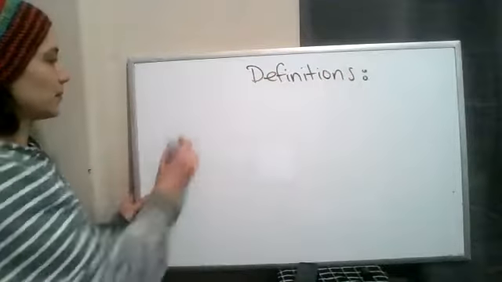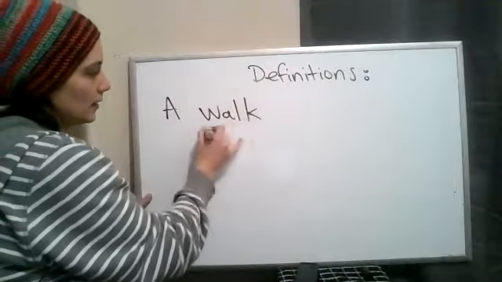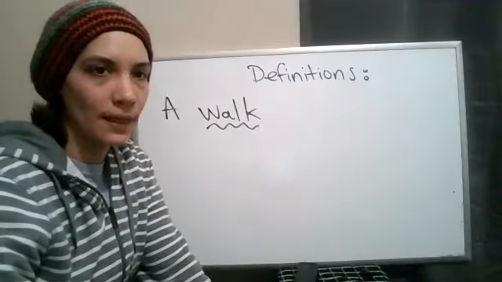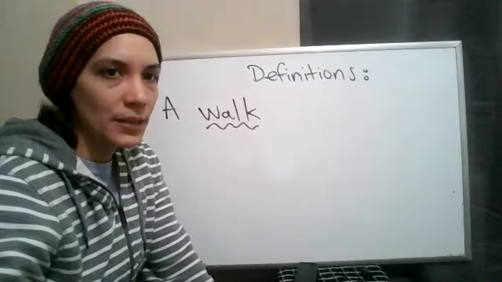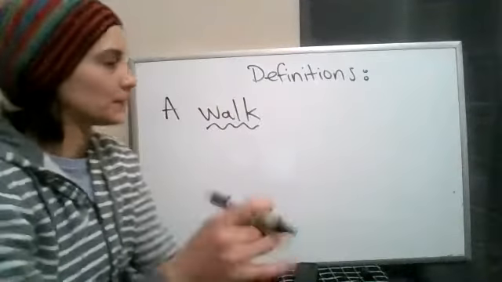Okay, first one. A walk. It is a sequence of vertices, each connected to the next by an edge.